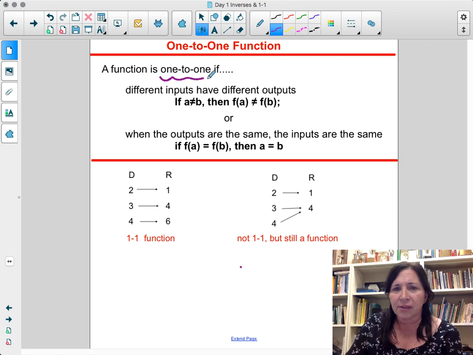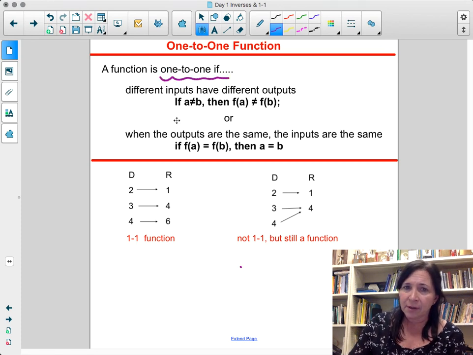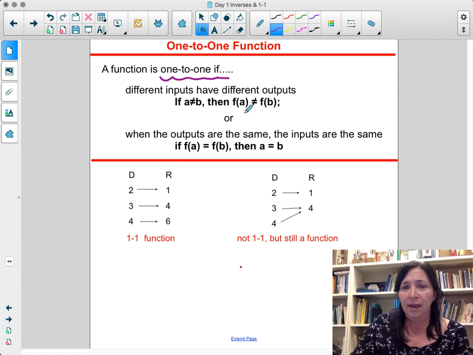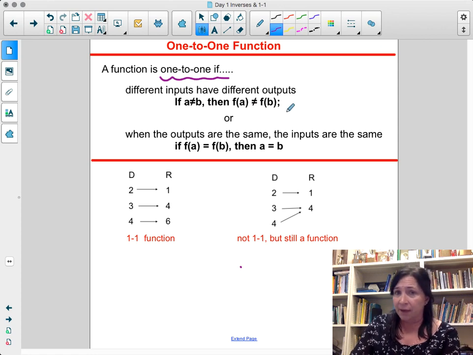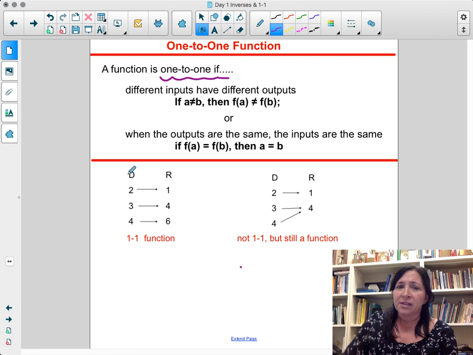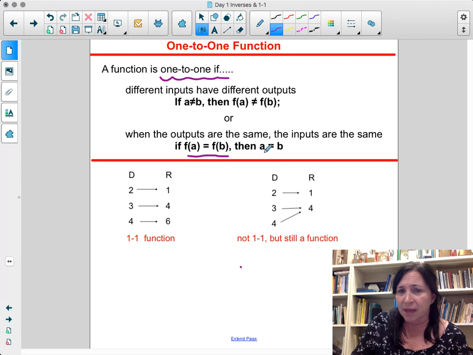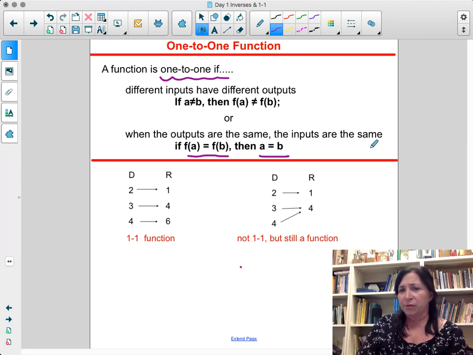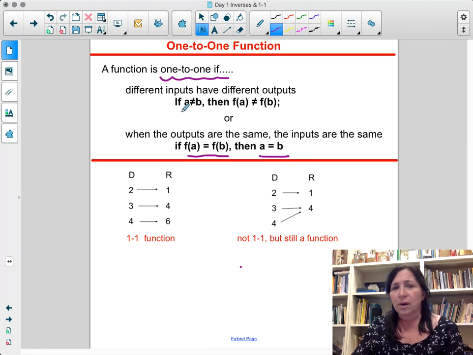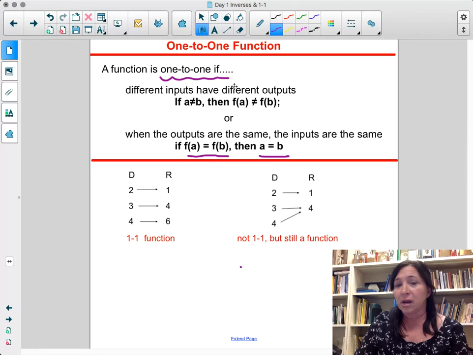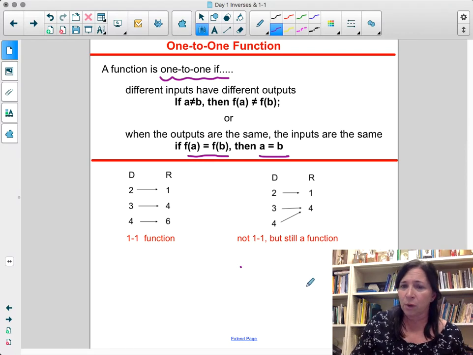A function is one-to-one if you plug in, if A does not equal B, then f of A is not going to equal f of B. In addition to that, if you plug in f of A equals f of B, then A has to equal B. The outputs are the same, the inputs are the same. So this is if a function is one-to-one. This is just another way of showing that it's one-to-one.